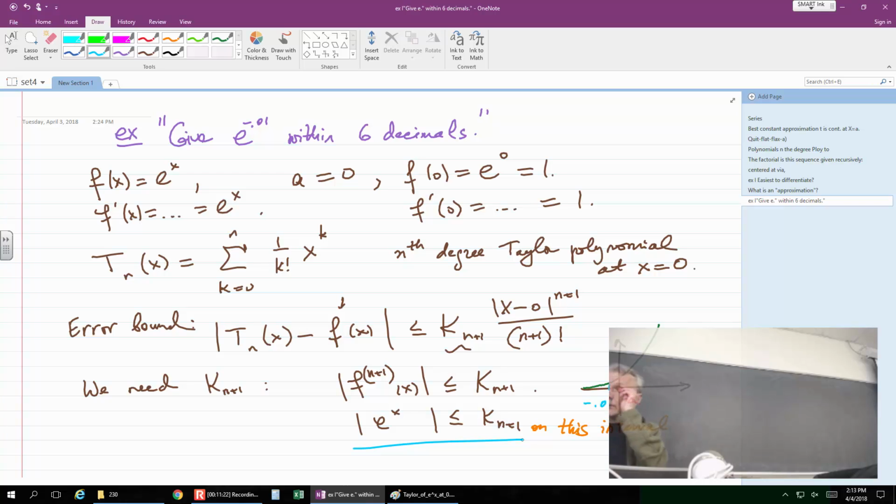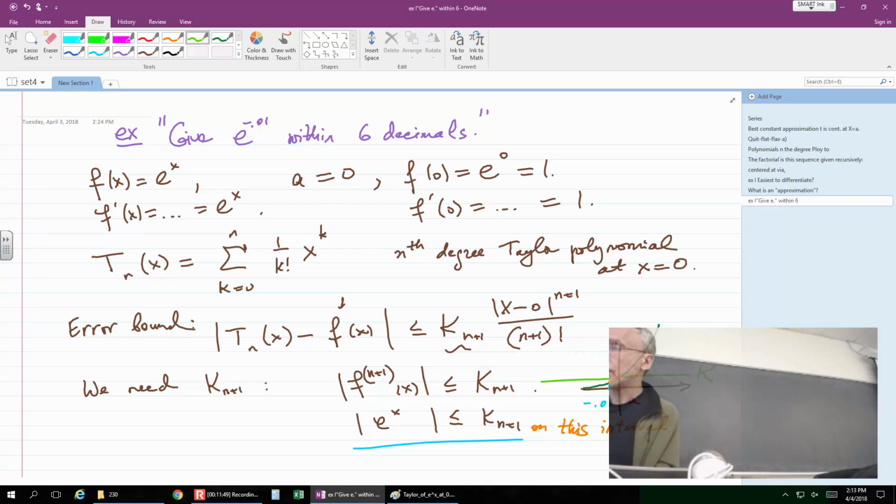It should be 1, right? Because we are only looking at this piece of the graph, and it crosses the y-axis at 1. It is the exponential function base e, and everything lies below this. So this will be my k. The graph of my function lies below it. That is not only an estimate; it is the best estimate because we cannot make it any smaller.